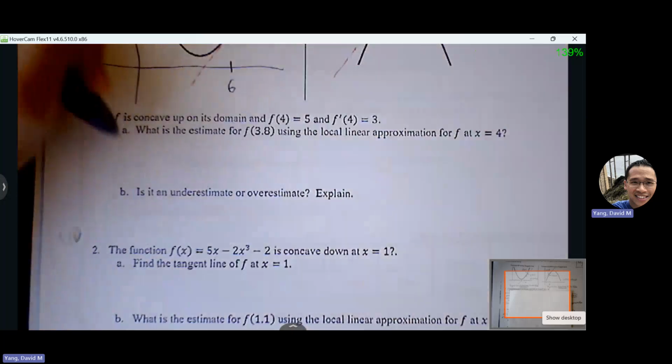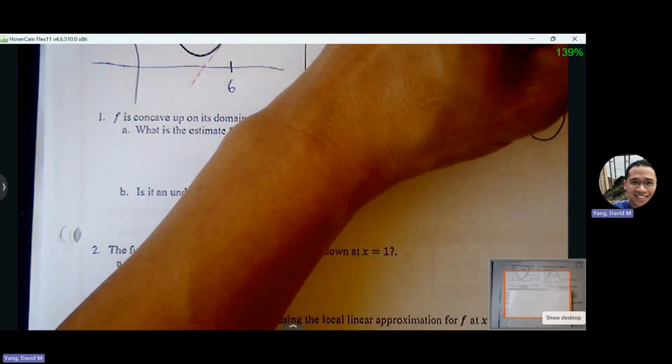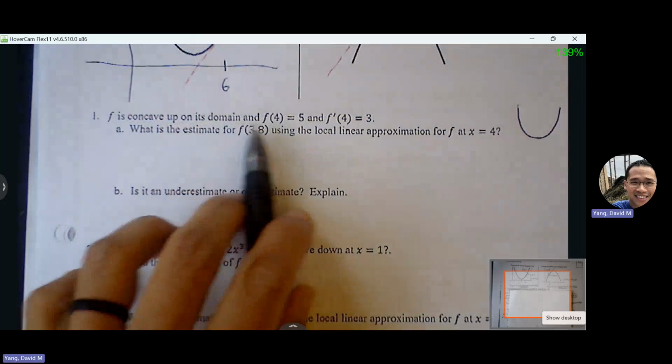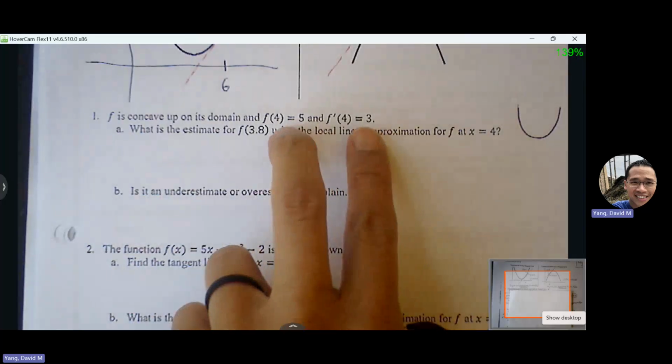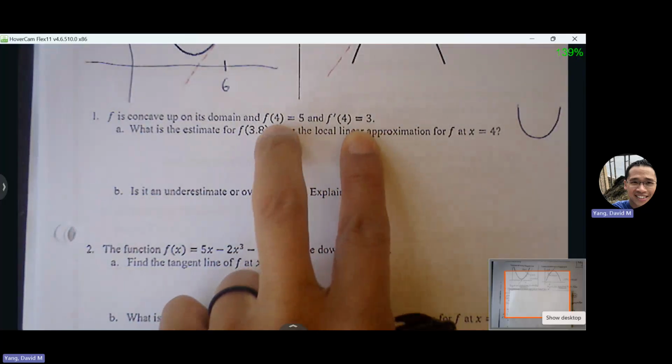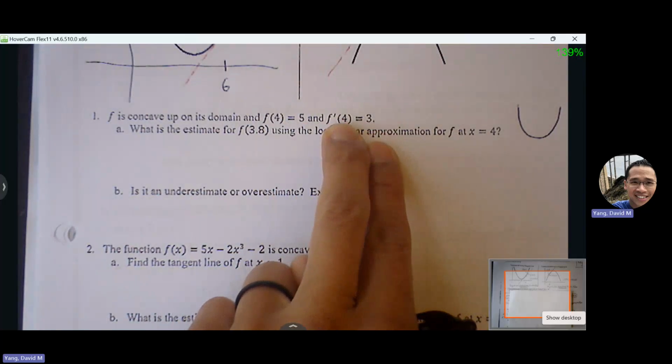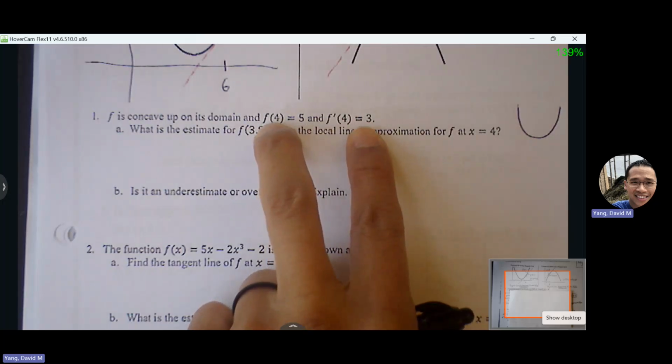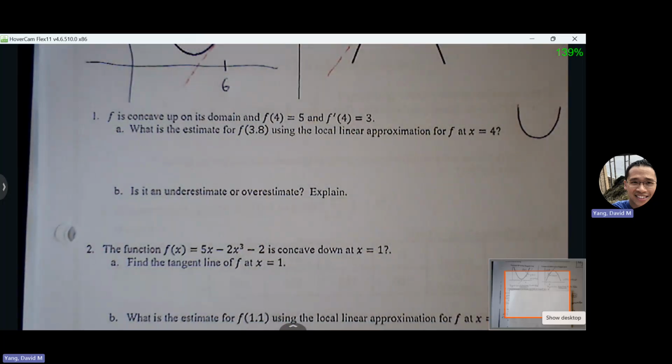So we know our graph is going to look something like this. On this domain, and we have a set of information here about the graph. f of 4 equals 5 and f prime of 4 equals 3. What is the estimate for f of 3.8 using the local linear approximation for f at x equals 4?